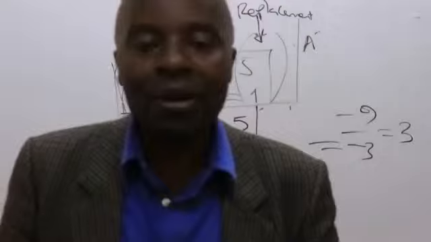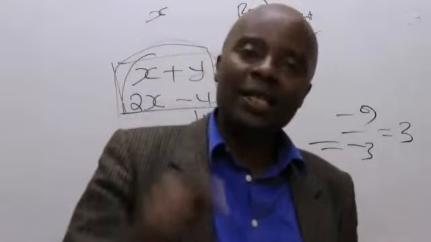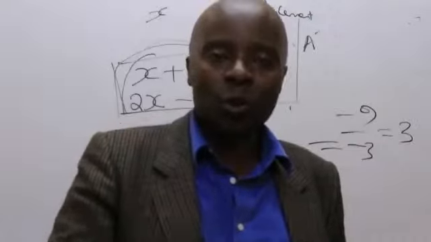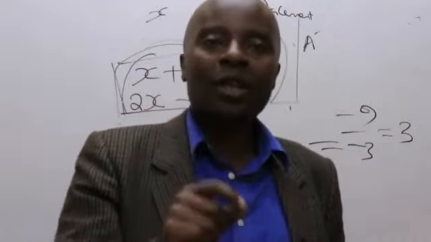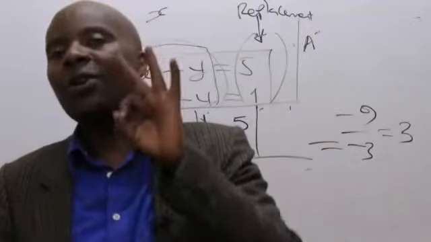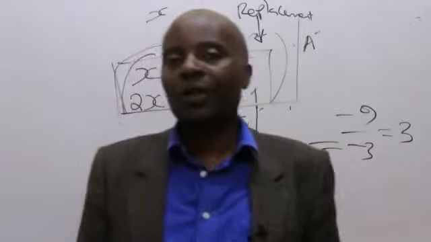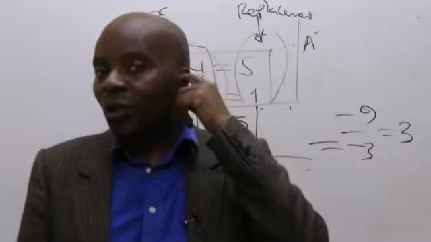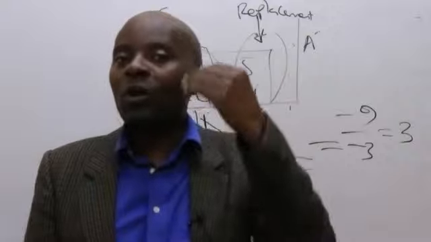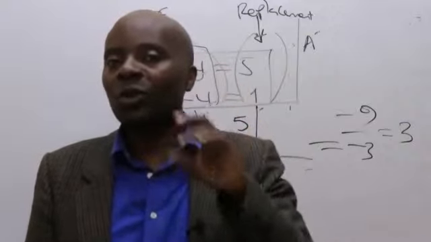And remember, your examiner does not restrict you. He simply tells you to use matrices. It even becomes much simpler when you have got 3 unknowns. As I will be showing you in my next class, with 3 unknowns, ladies and gentlemen, remember all those basic steps that you have got to go through to inverse.